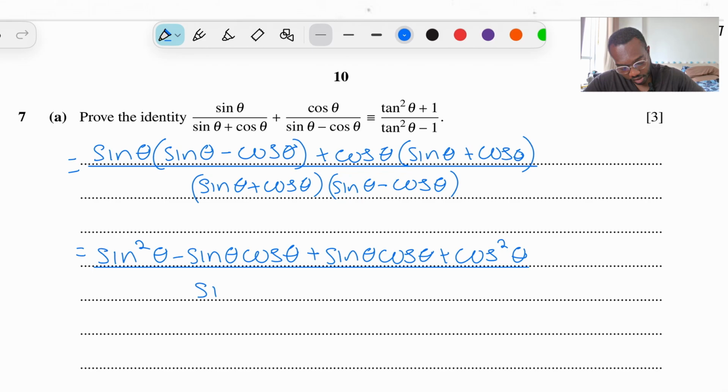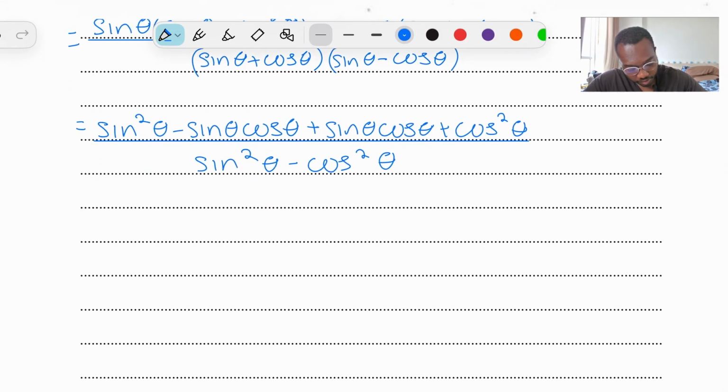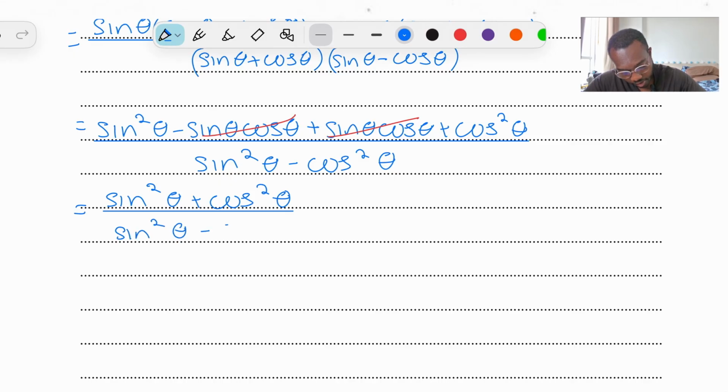So this would be sine squared theta minus cos squared theta. Okay, and now as you can see here, this and this would cancel out, so we're left with sine squared theta plus cos squared theta, and that is over sine squared theta minus cos squared theta.